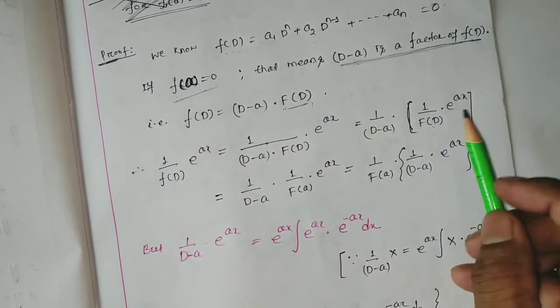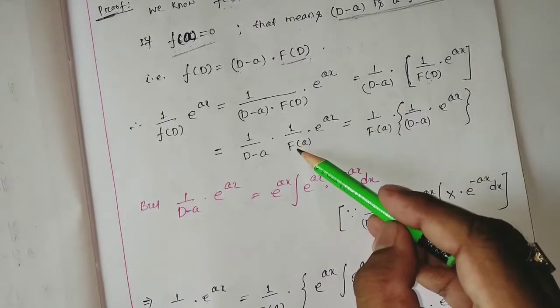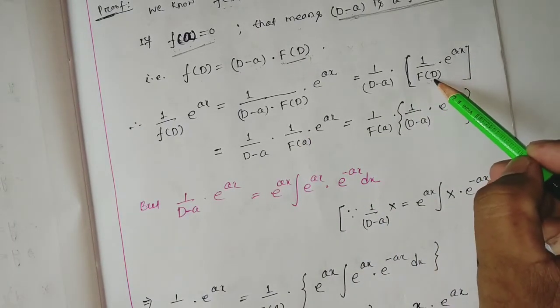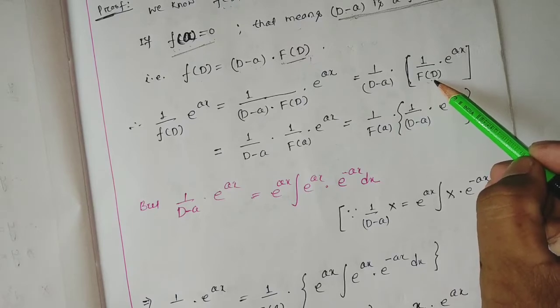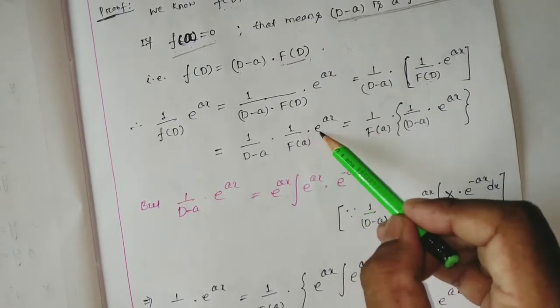So 1 by F of D e to the x can be written as 1 by F of a. This a can be substituted for all the D's; wherever we have the D, that a can be substituted. So 1 by F of a e to the x. Simple.